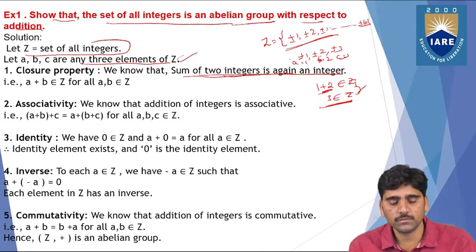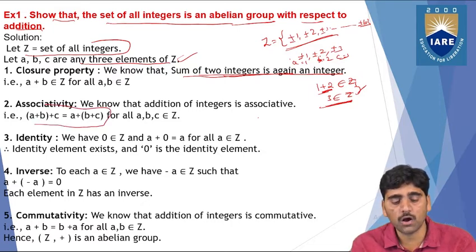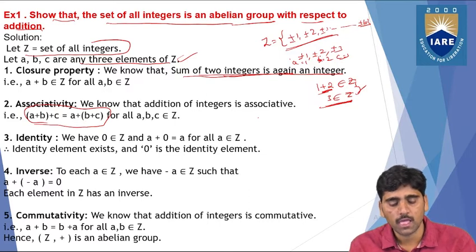And next, the associativity property. So associativity means what? A plus of B plus C equals A plus B, plus C. So the value of A plus B, 1 plus 2, plus C, 3, equals A, 1, plus of 2 plus 3.